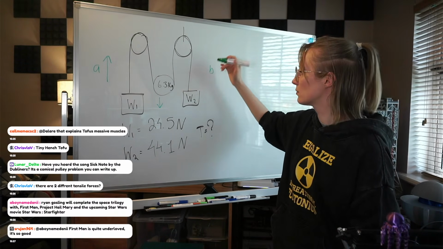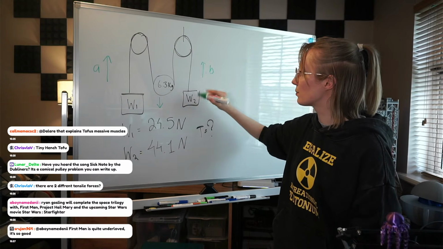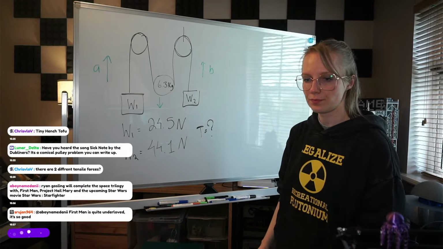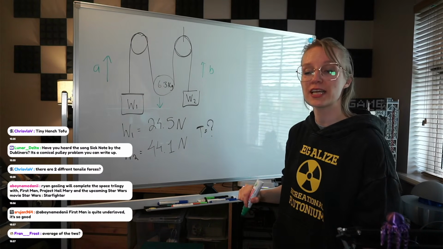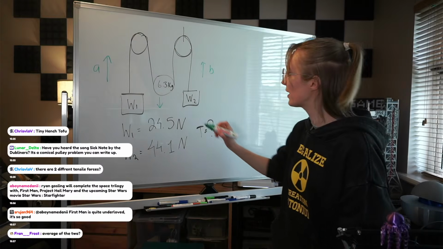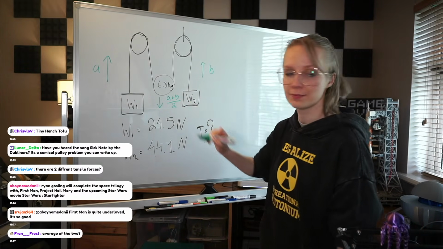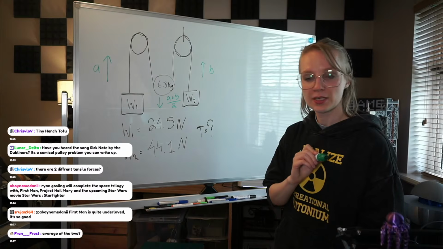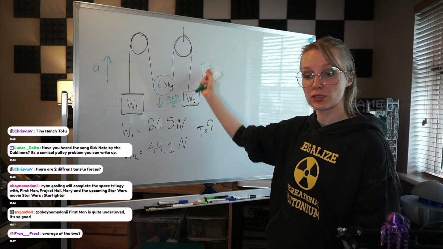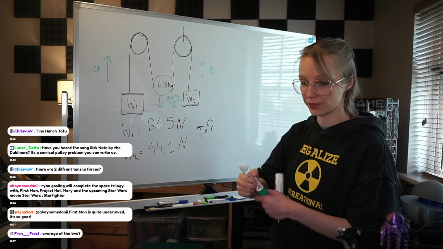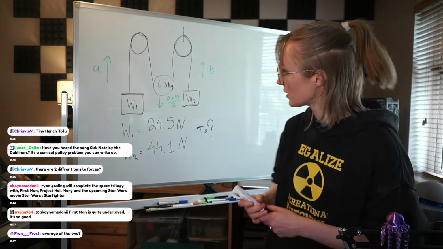Correct. Average of the 2. Average. There's going to be (A plus B) over 2. It's going to be a combination of those both.